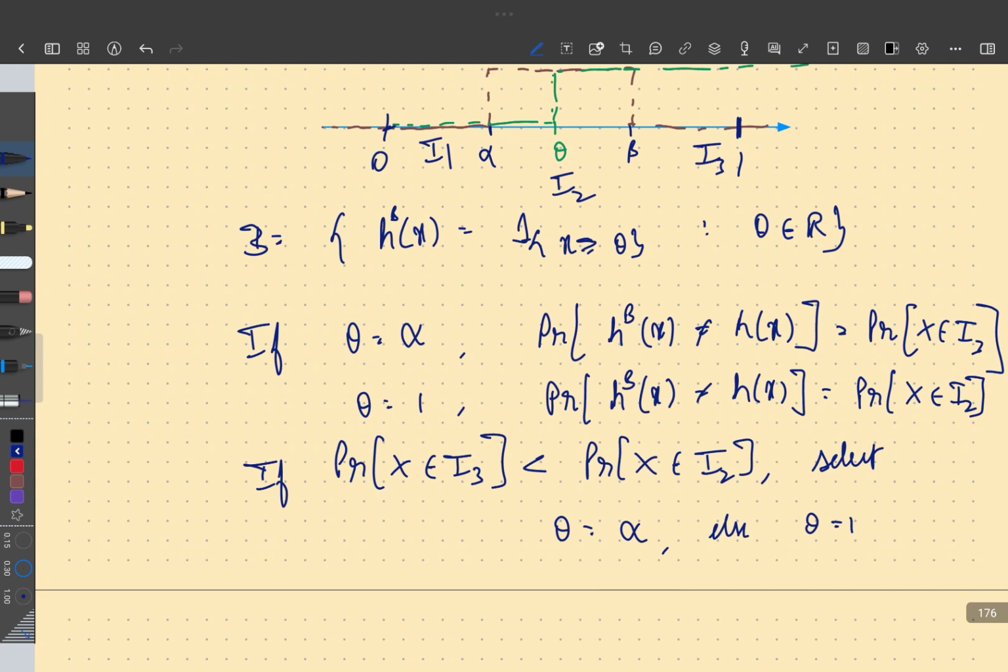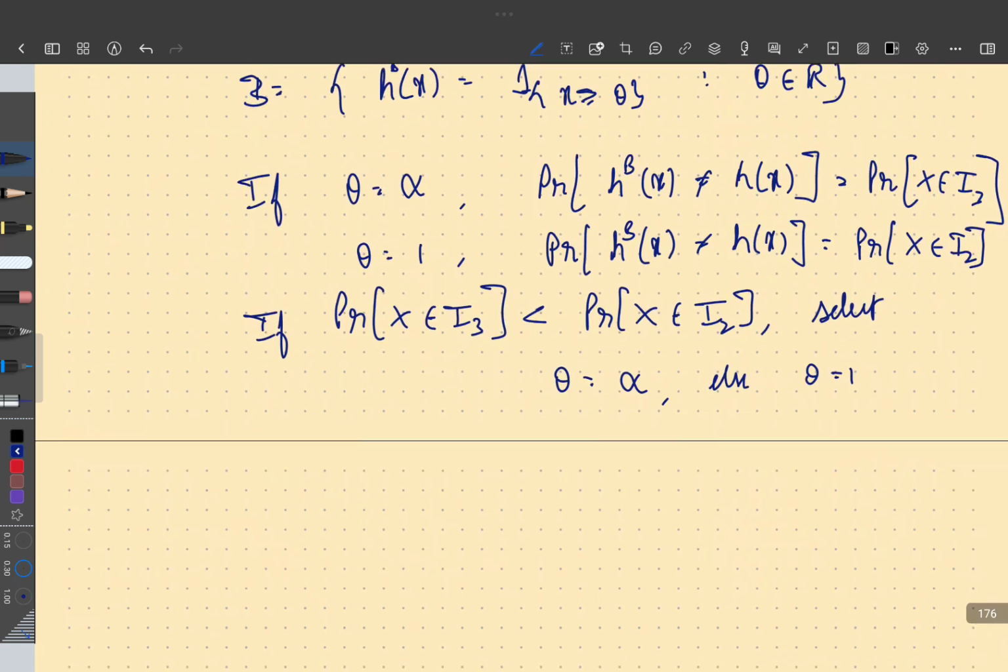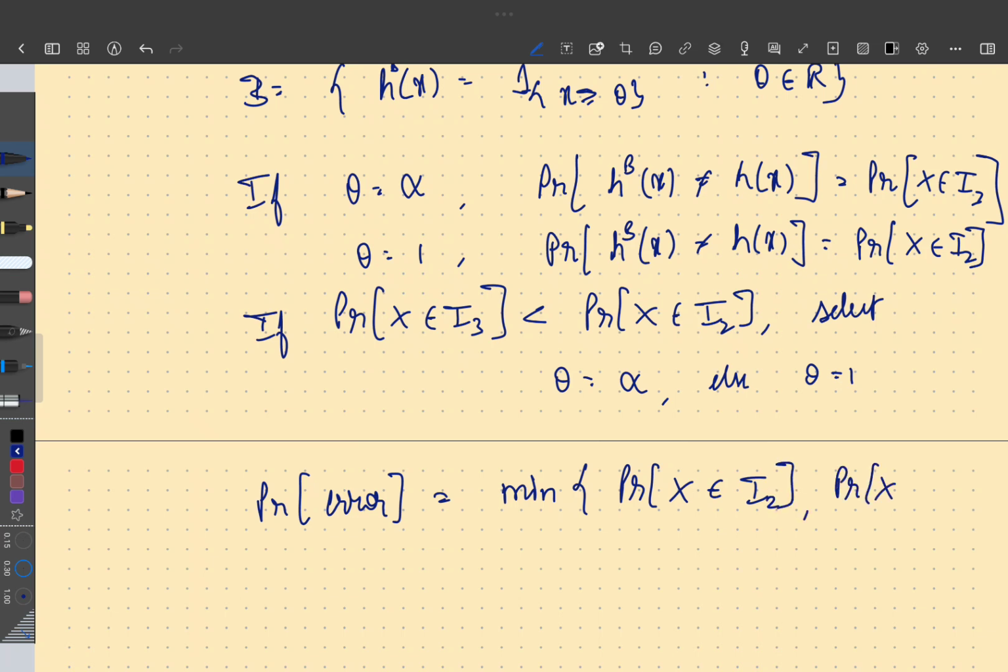So the probability of error is the min of the probability that X is in I2 and the probability that X is in I3.